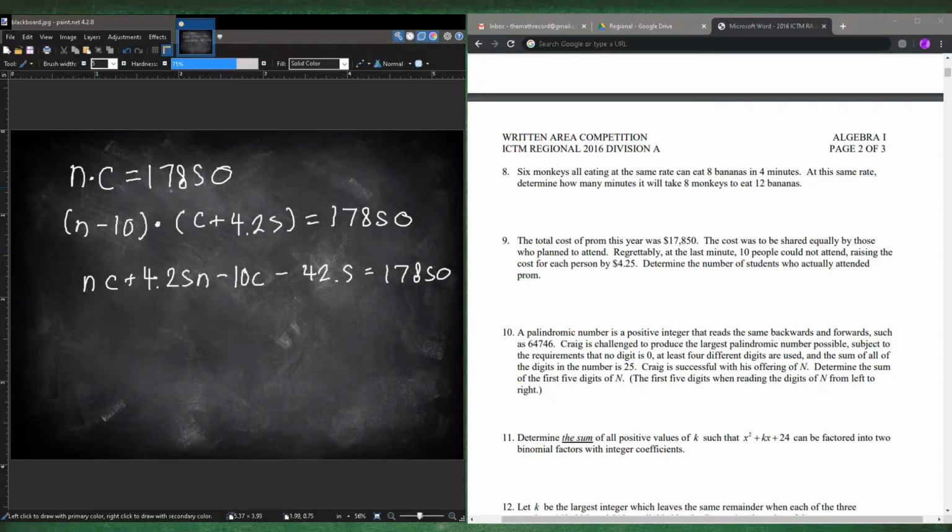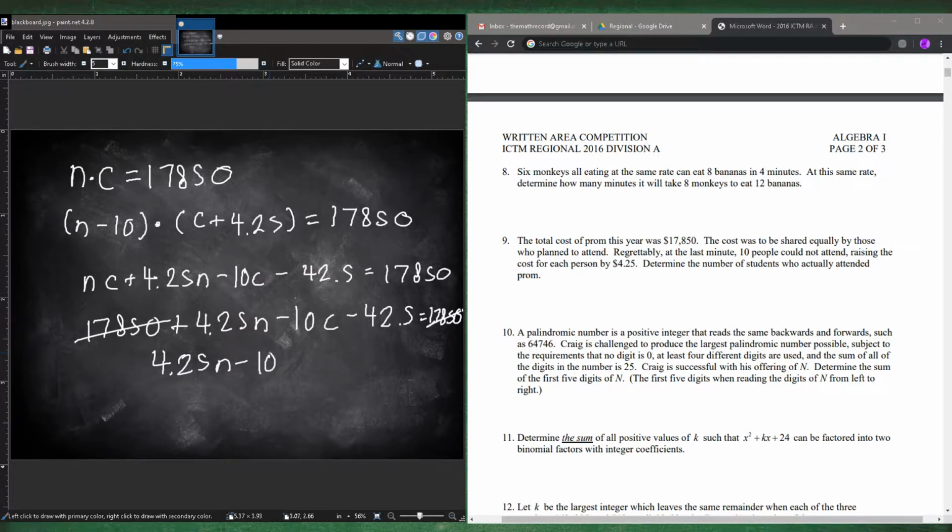We know what nc is from the top here, so we have two 17,850s, and they cancel each other out. That means 4.25n minus 10c is equal to 42.5. Okay, so we know this is true.